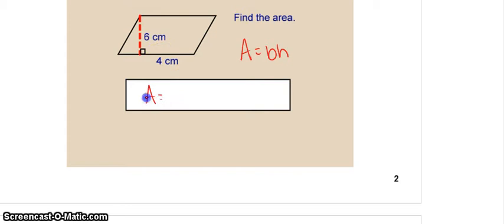So area equals 6 times 4, which is 24. Since we're dealing with area, which is how many squares can fit inside of something, this is 24 centimeters squared, or 24 square centimeters that will fit inside of our parallelogram. Therefore, our units are squared.